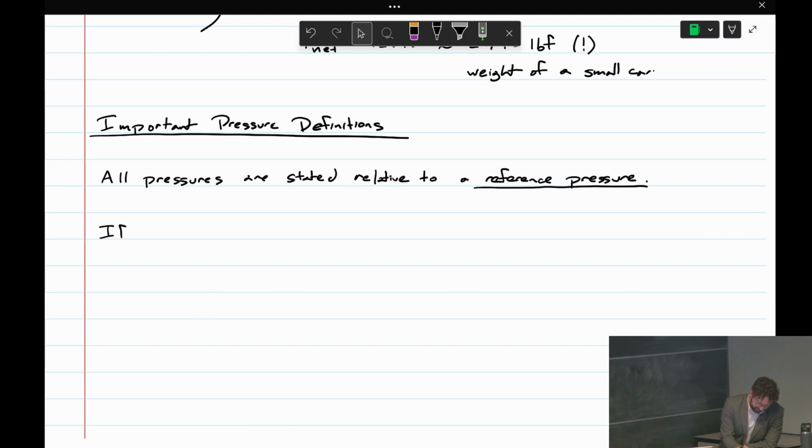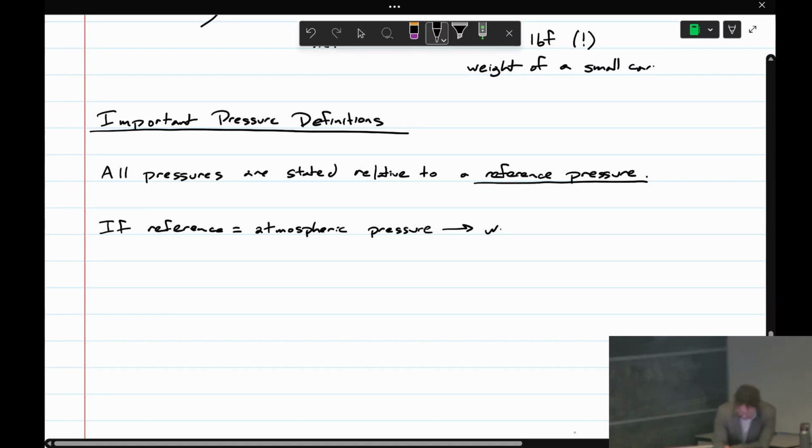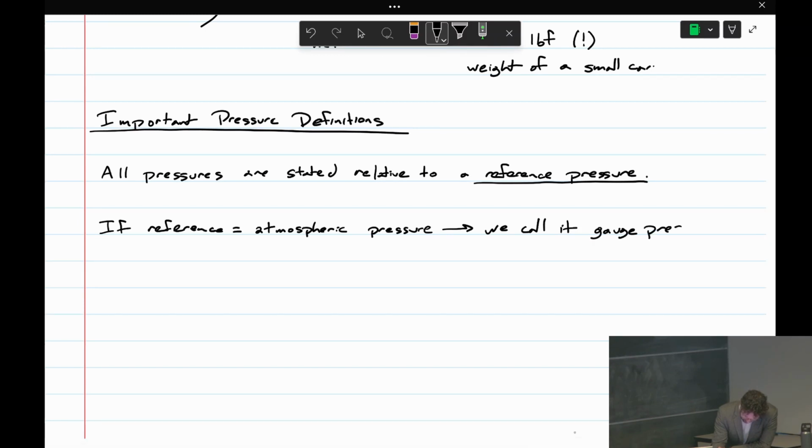So if that reference is the atmospheric pressure, then the pressure we give is called gauge pressure. Gauge pressure is the most common type of pressure we deal with in engineering.